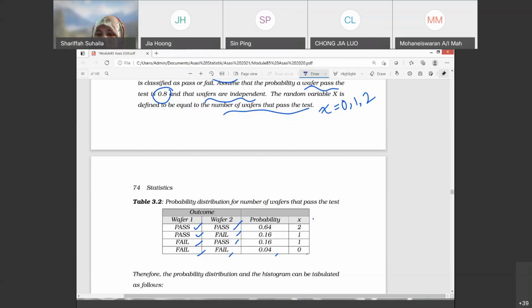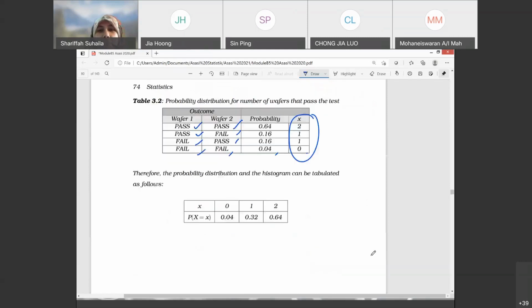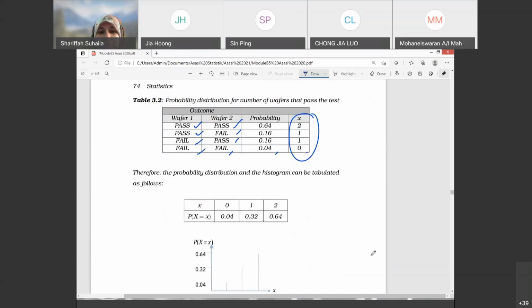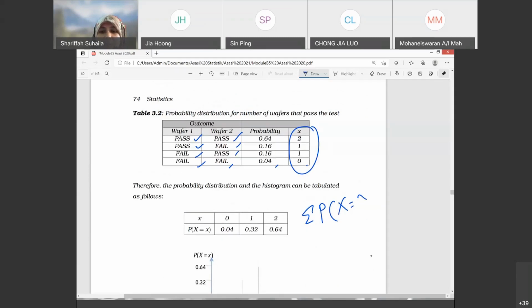And then again you list all the probabilities. So you have probability x equals 0, which is 0.04, x equals 1, 0.32, x equals 2, 0.64, and then you check the summation. The summation of probability x equals x is equal to 1.